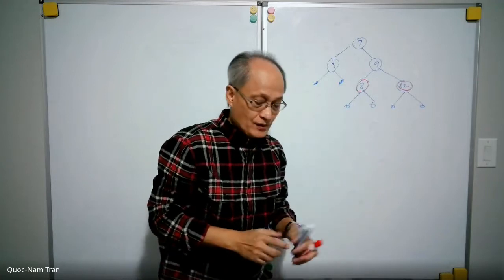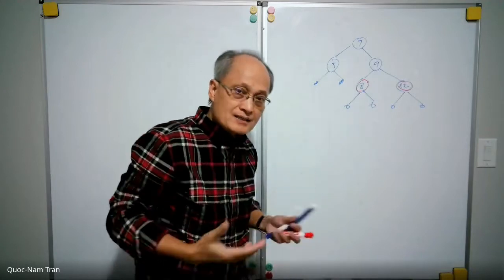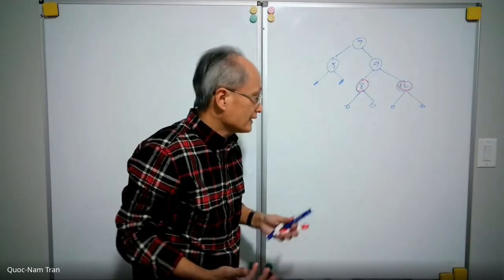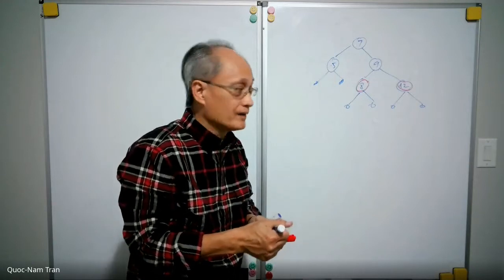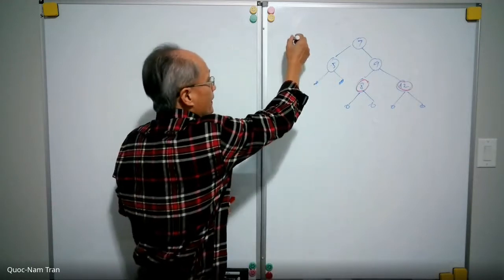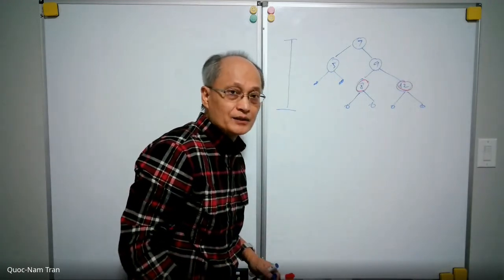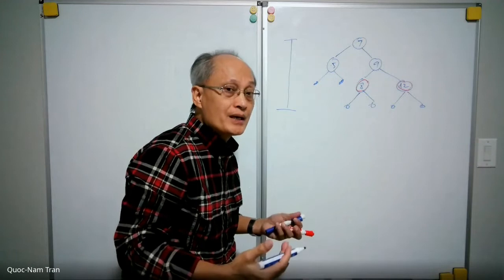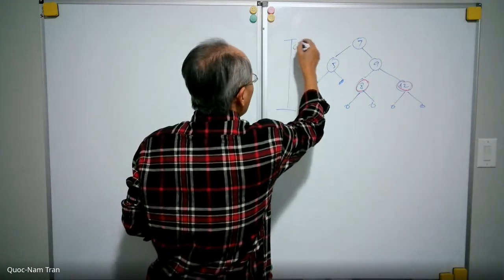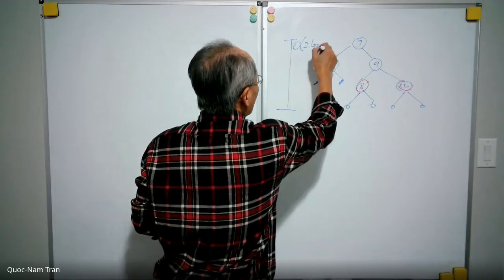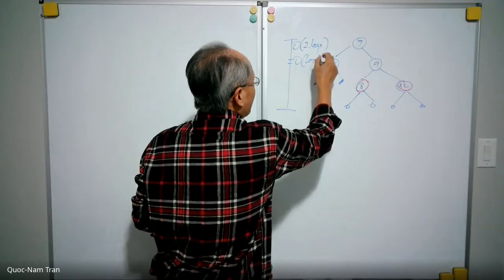So you may ask, in this situation, it does not look like a balanced tree, right? But later on, we will show that for any red-black tree, the height of the tree will be big O of log n. More precisely, big O of 2 times log n, which is also log n.